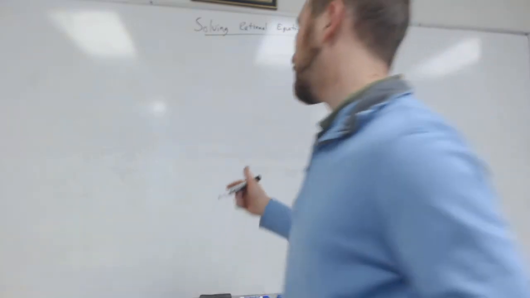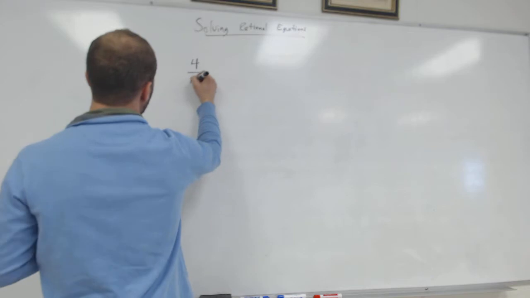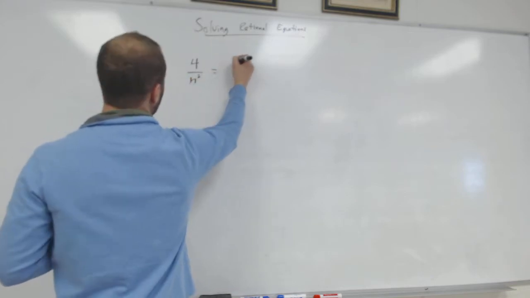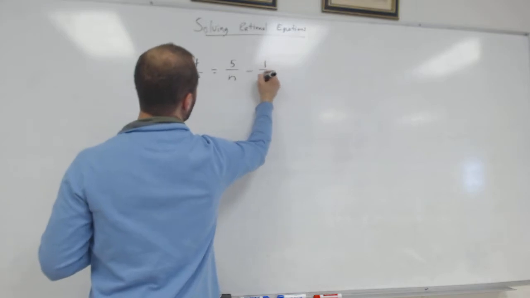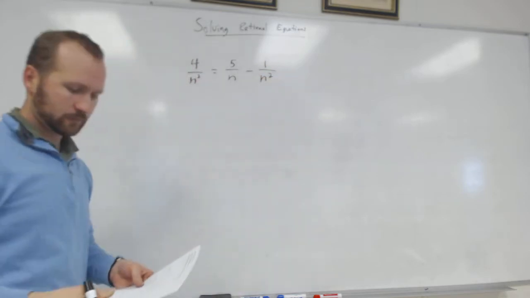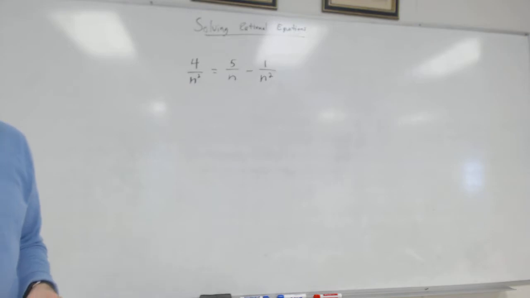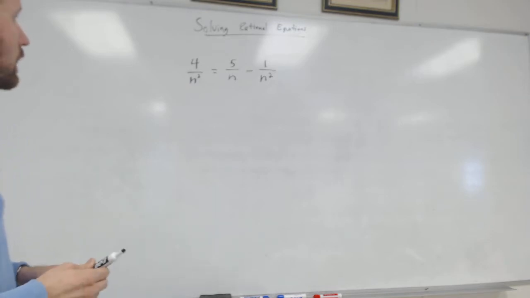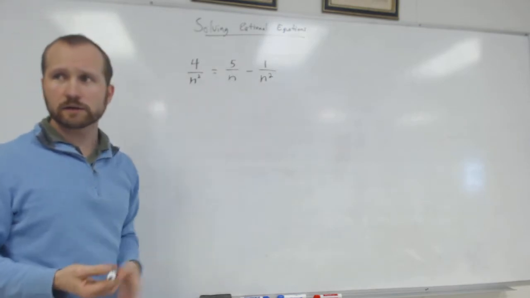I'm trying to memorize it, but it's 4 over n squared equals 5 over n minus 1 over n. So what do we have to multiply by to clear off all the denominators?